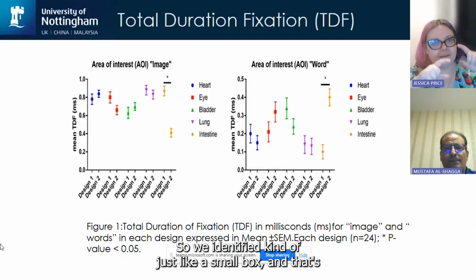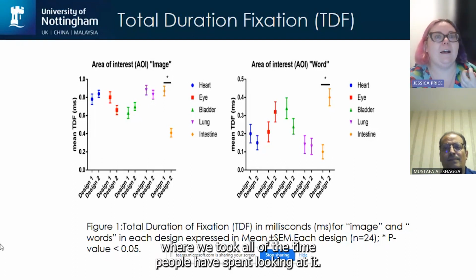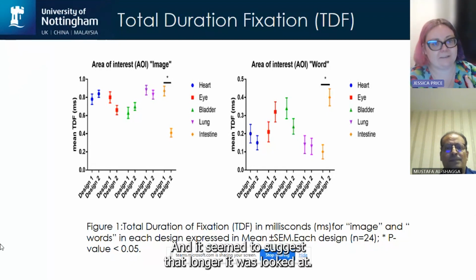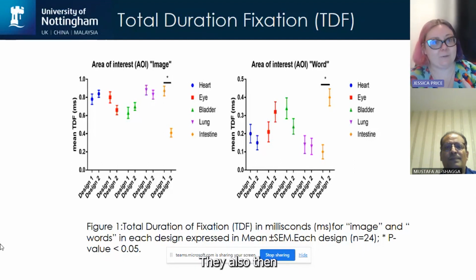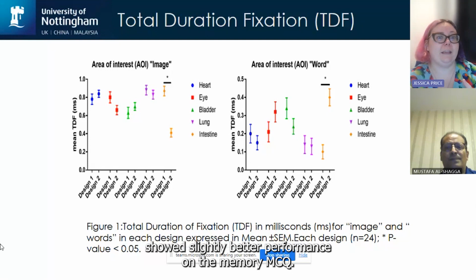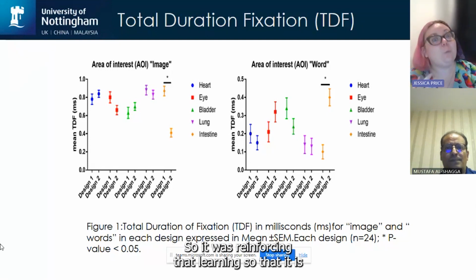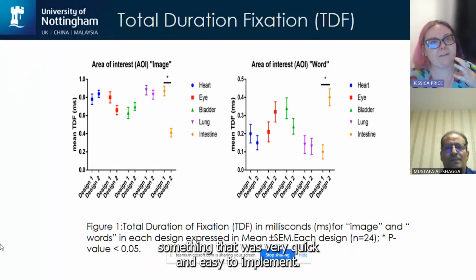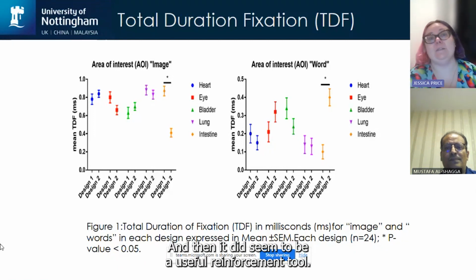So we identified a small box, and took all of the time people spent looking at it, and it seemed to suggest that the longer it was looked at, the slightly better performance they showed on the memory MCQ. So it was reinforcing their learning. It was very quick and easy to implement, and it did seem to be a useful reinforcement tool.